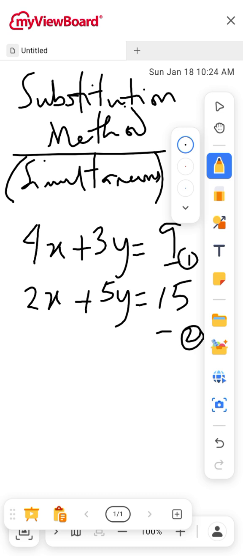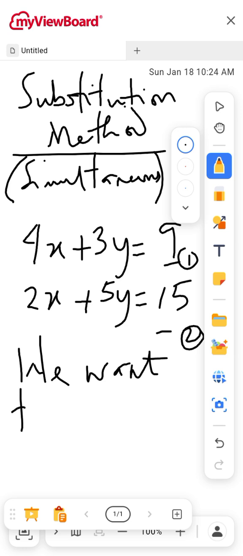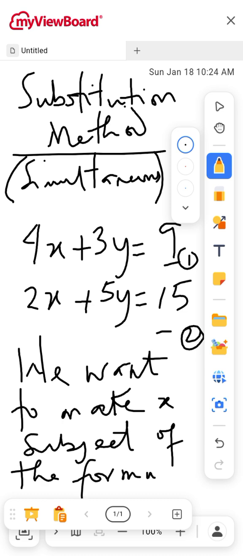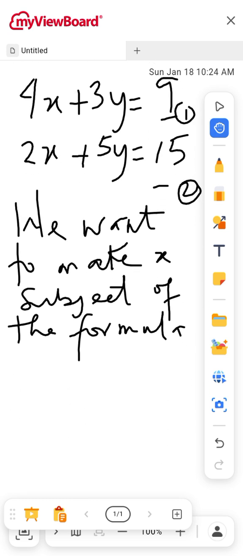So in one of the equations, try to make any variable the subject of the formula. Let's say we want to make x the subject of the formula in equation 1.